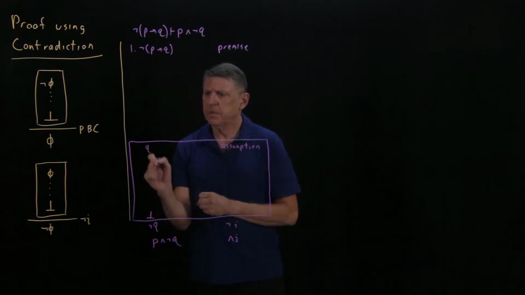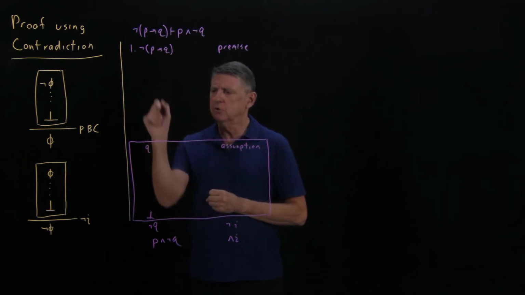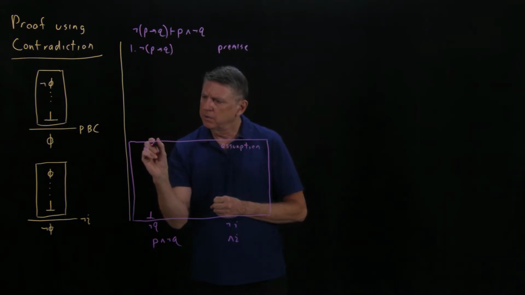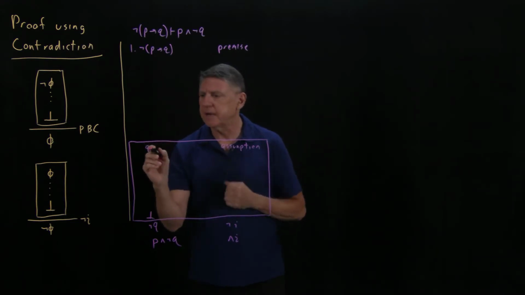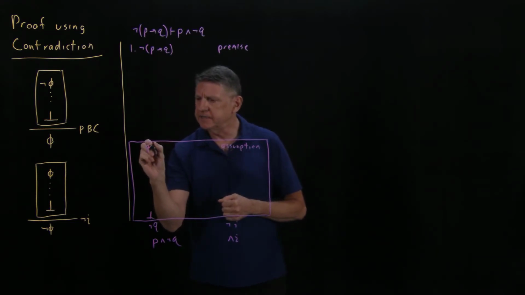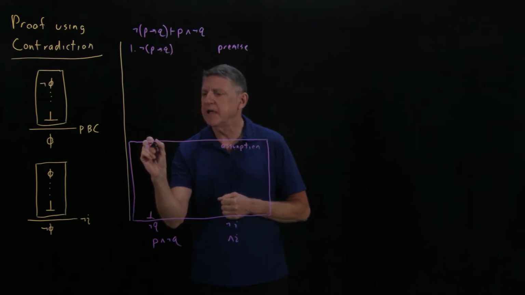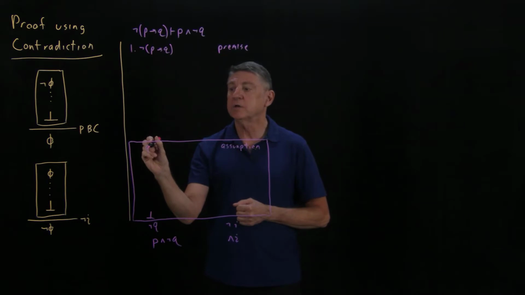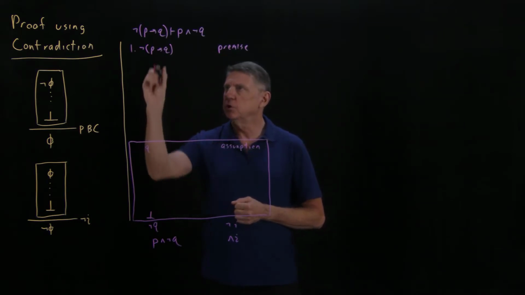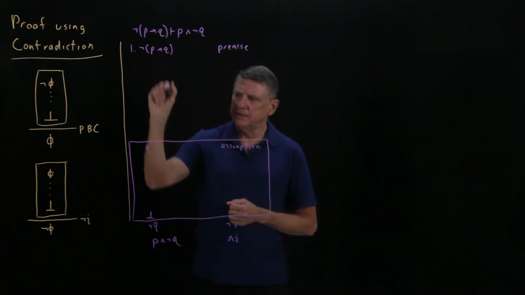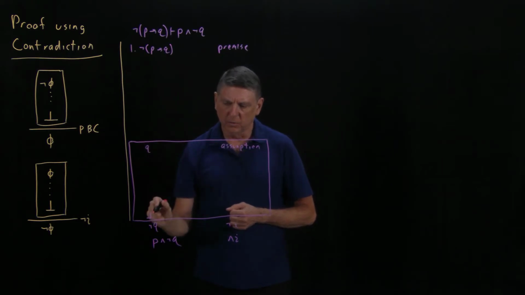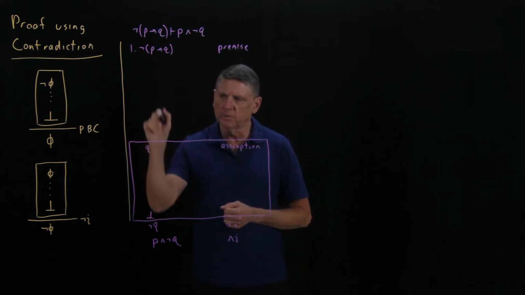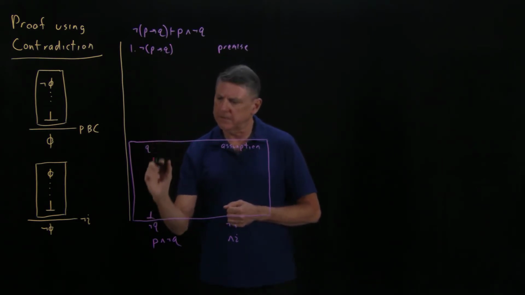Now, what could we do? My usual next step is I take the assumption of the box and everything that precedes it and is within scope, and I say, what could I do? Well, from Q, I can't do anything directly, so some forward reasoning doesn't seem to be useful yet.